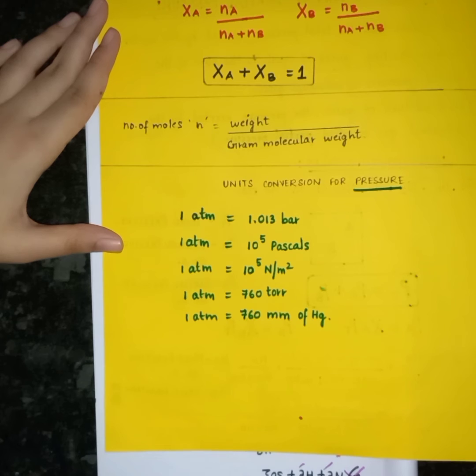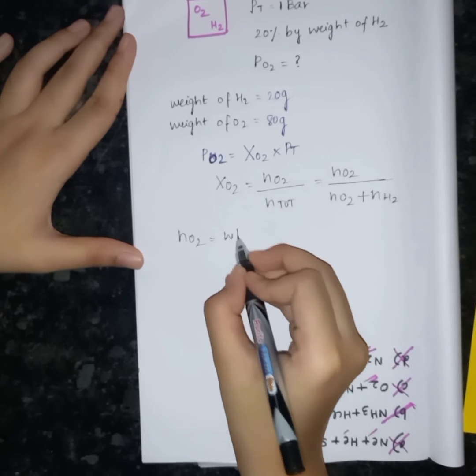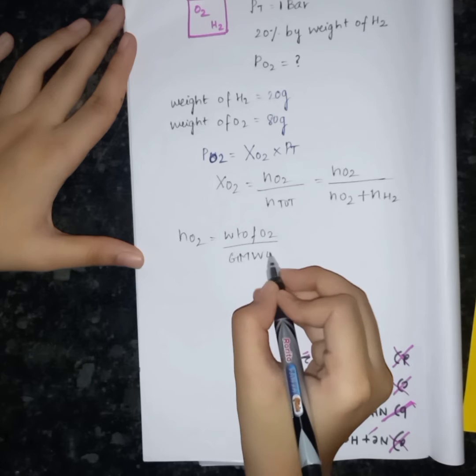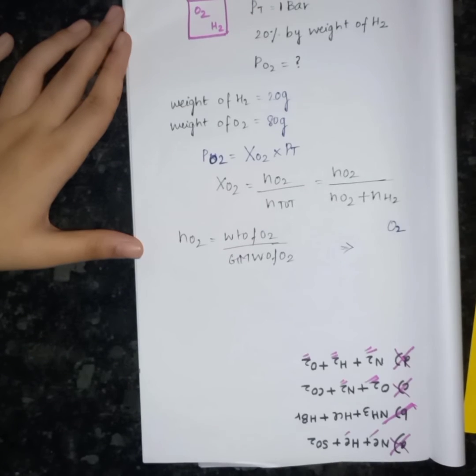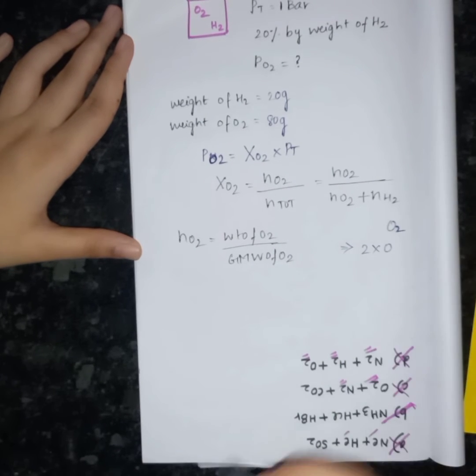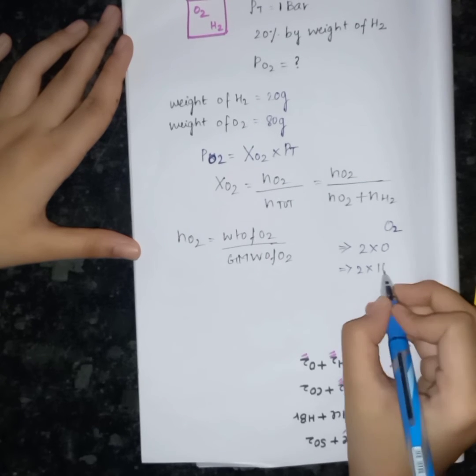Now, let us calculate the number of moles of O2 and H2. Moles is equal to weight divided by gram molecular weight. Therefore, number of moles of O2 is equal to weight of O2 divided by gram molecular weight of O2. Let us calculate the gram molecular weight of O2. O2 has 2 oxygen atoms. The atomic mass of one oxygen atom is 16.